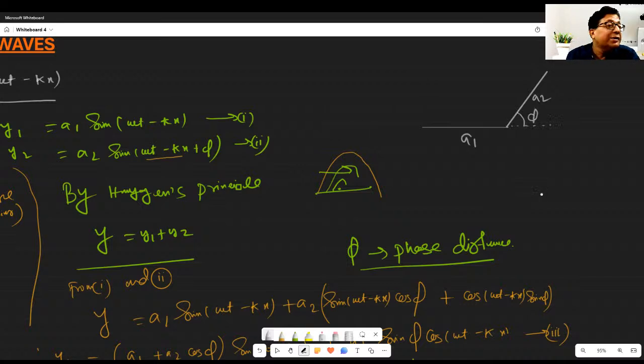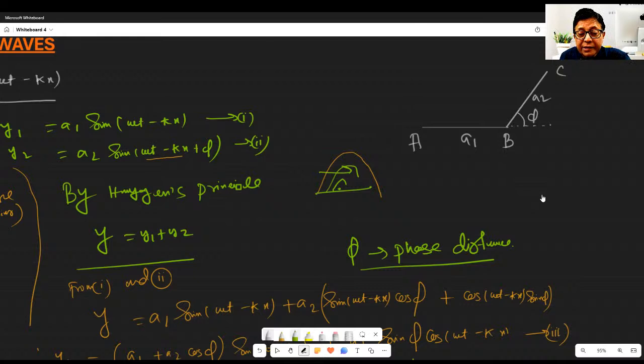So far, what have you done here? AB is vector A1 amplitude. From B, you have taken BC, whose amplitude is A2. And this angle phi you have taken.